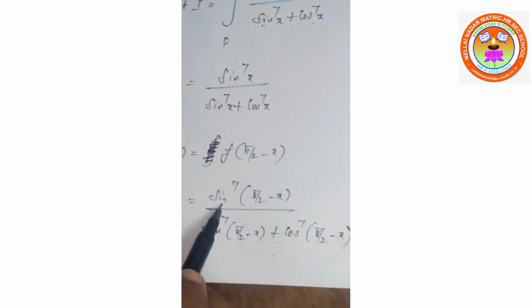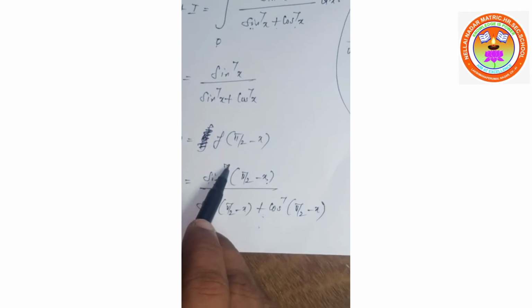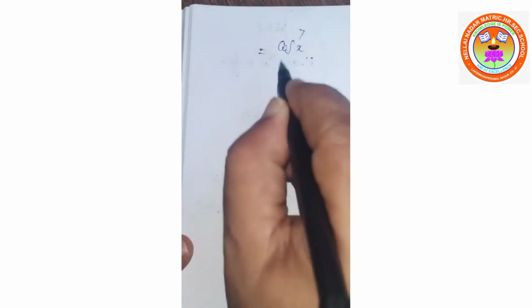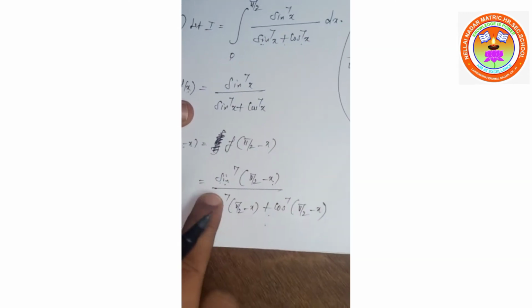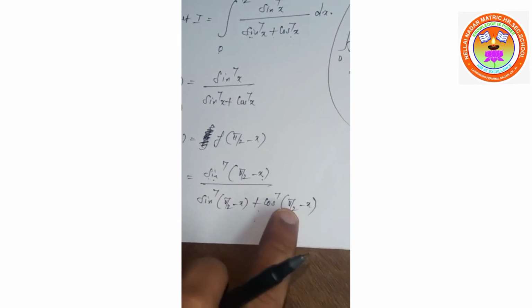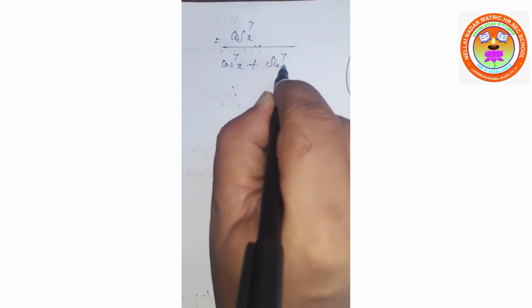So sine of 90 minus x equals cos x power 7, so cos power 7x divided by, again sine of 90 minus x is cos x power 7, cos of 90 minus x is sin x power 7, that is cos power 7x plus sin power 7x.